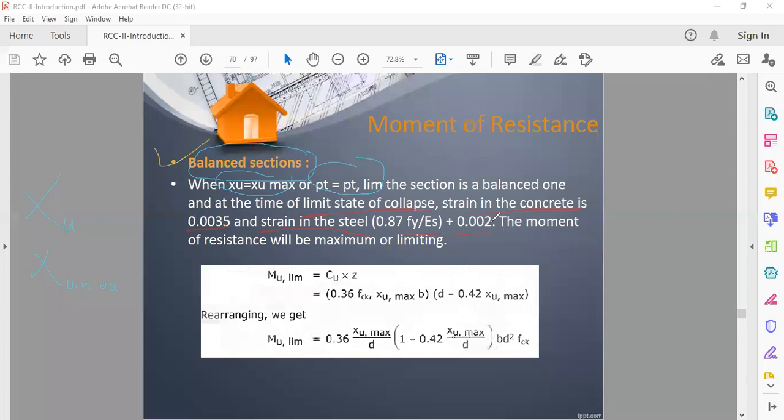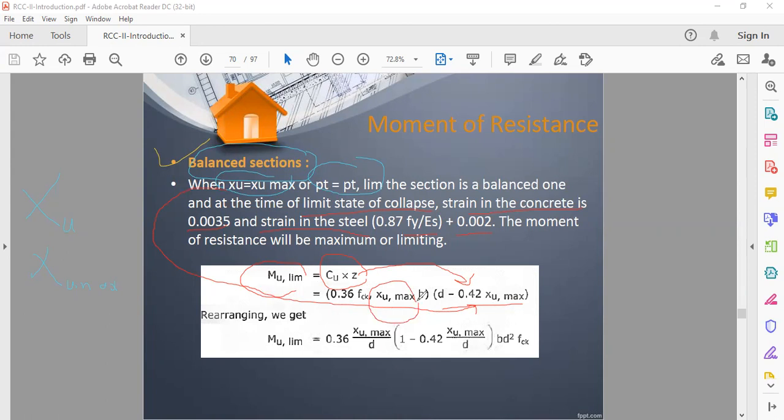So the moment of resistance will be maximum, or we can say it's the limiting value. Here Mu limiting equals Cu multiplied by Z. Earlier we saw it was Tu, now here it is Z. This you know: d minus 0.42 Xu max, because Xu equals Xu max, and that's the reason instead of Xu you have the term Xu max.